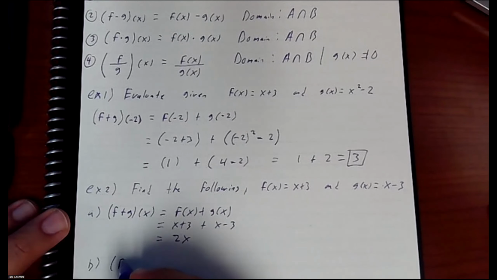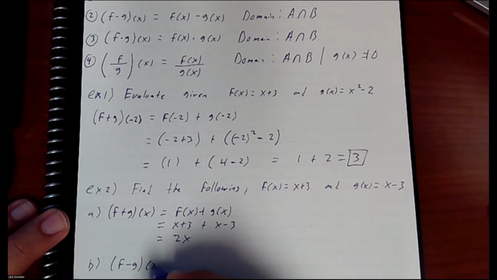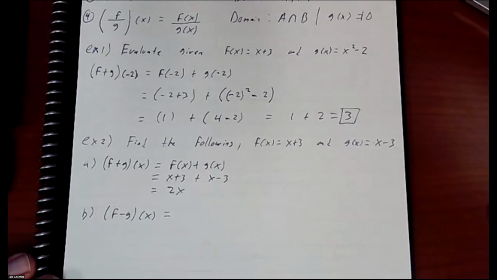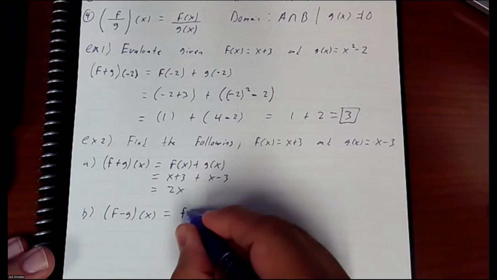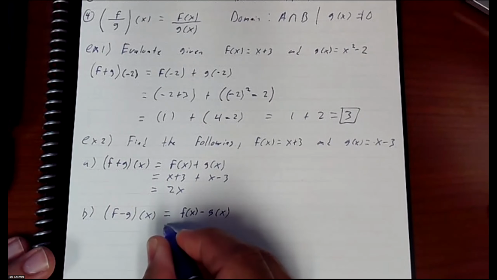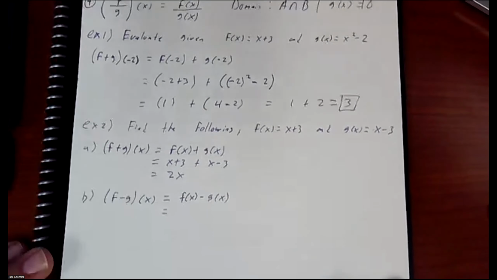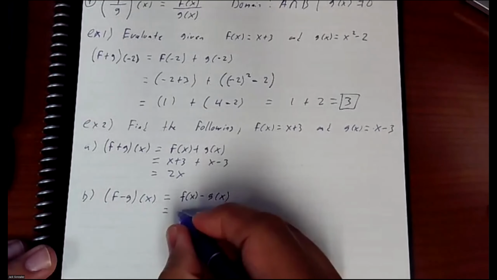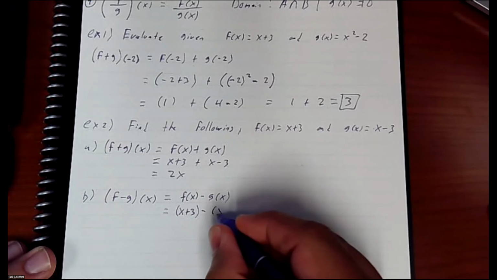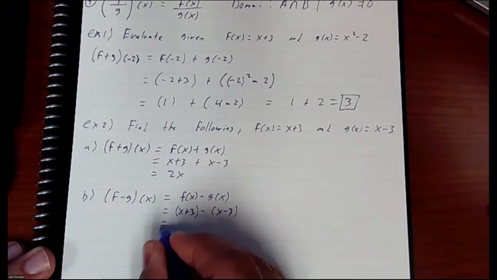Part B, we do the difference. You guys okay so far? Yes. Okay. So subtract, just be careful with the signs and you'll be okay. I'm not going to do too many of these because we have talked about this already.